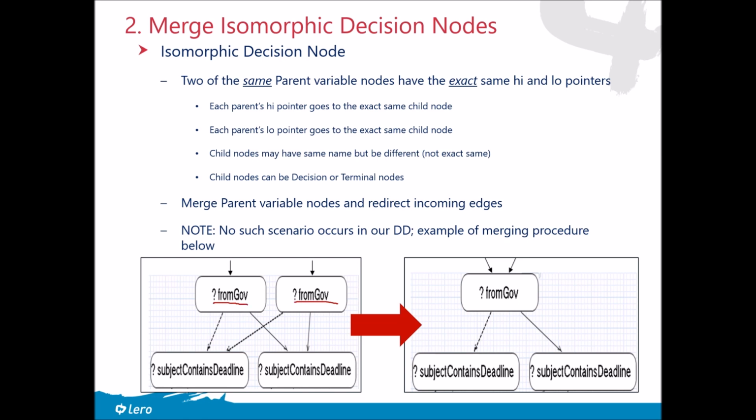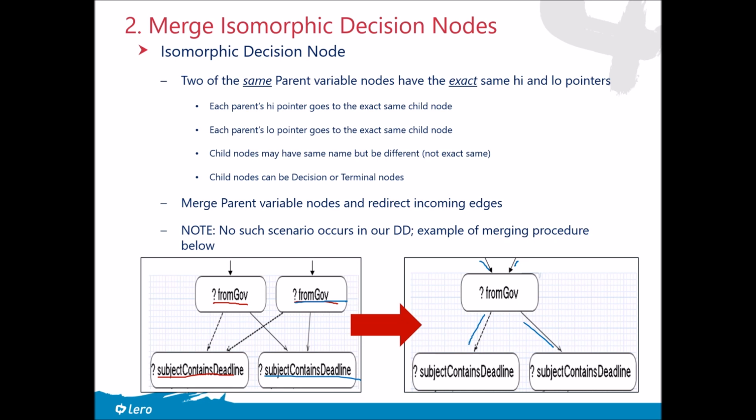Its low pointer goes to subject contains deadline, and from gov on the right also has its low pointer going to subject contains deadline, and both their true pointers go to this subject contains deadline. So the 2 from govs can be joined into 1 from gov, redirecting the incoming edges, and then you have 1 low pointer and 1 high pointer going to subject contains deadline.